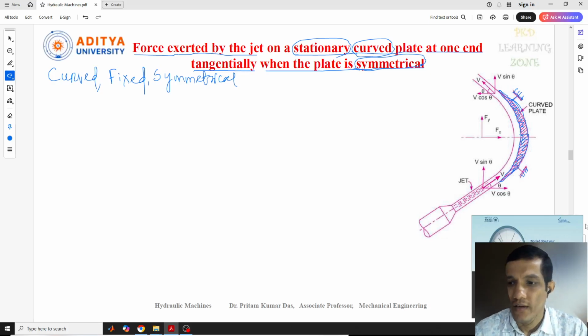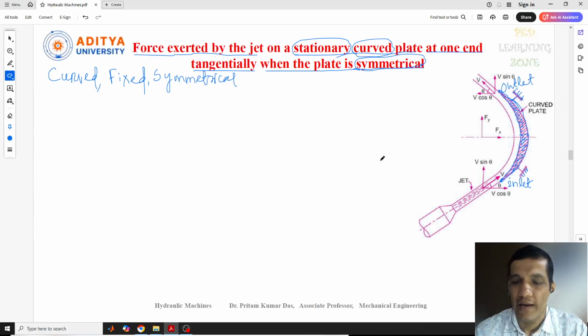And the next one, the force exerted by this jet. This is the jet of water, and it is going to strike the plate at one end. You can see this is one end of the plate, and this is the other end. This end we can consider the inlet of the plate, and this one the outlet of the plate.